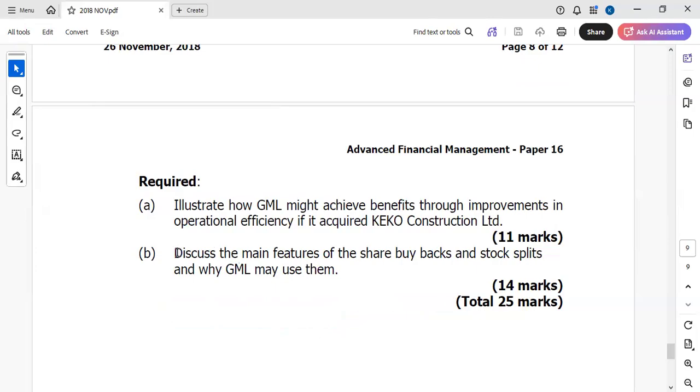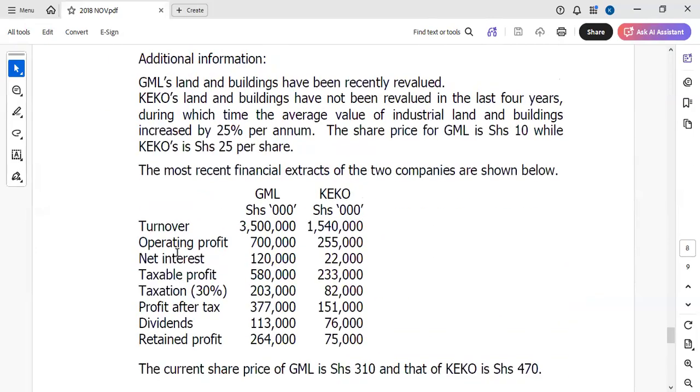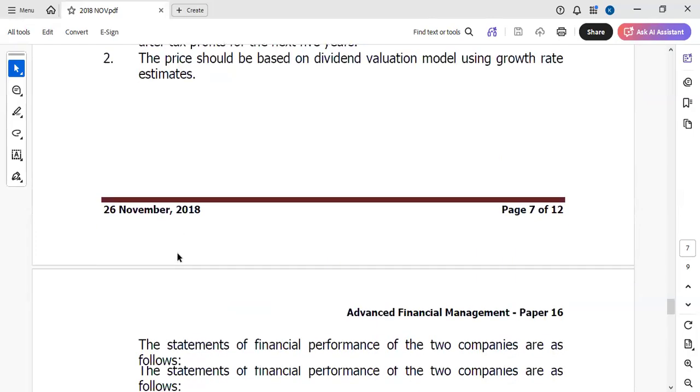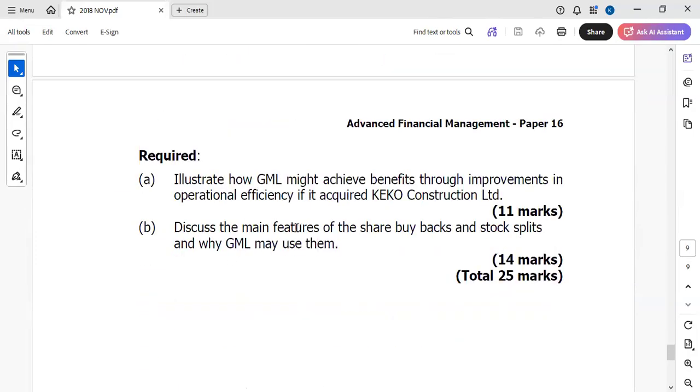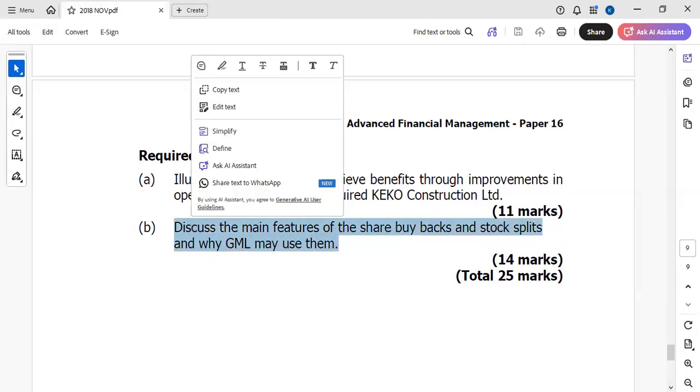So here it is part B of our question 5, where they are telling us to discuss the main features of share buybacks and stock splits, and why GML may use them.